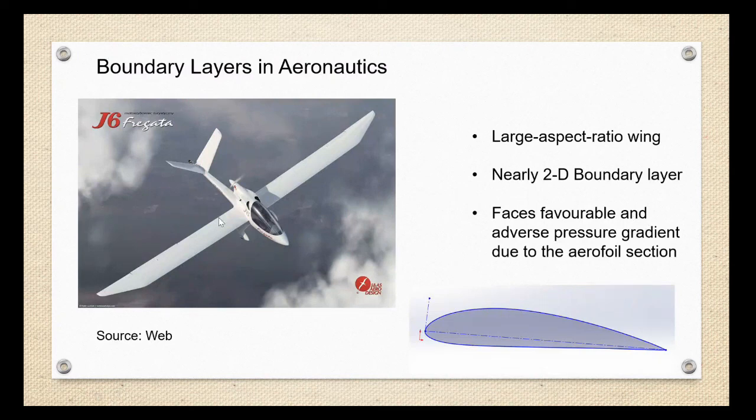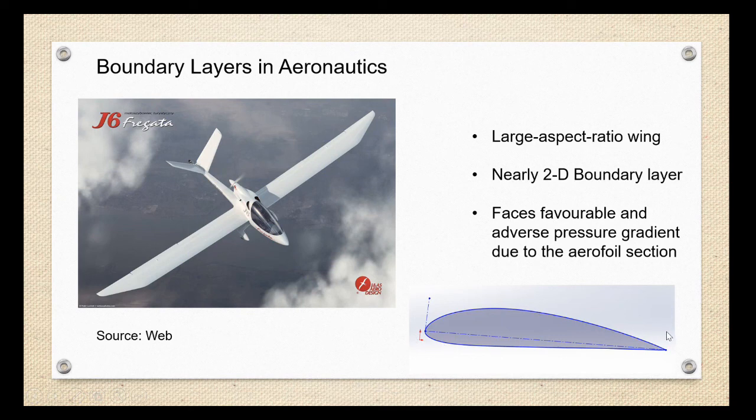This is an aircraft with a rectangular wing, and if you look at most of the wing, away from the wingtip as well as the fuselage, you can expect the boundary layer to be two-dimensional. Of course, when you take a cross section here, which is an aerofoil section, for a large aspect ratio wing like this, the flow can be expected to be two-dimensional, but there will also be a pressure gradient present because of the shape of the aerofoil.